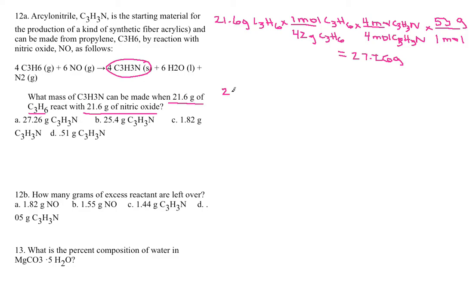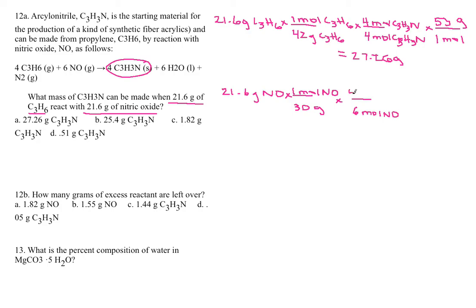So I'm going to do 21.6 grams of NO, crisscross swoosh, 1 mole of NO on top, so I want to get into C3H3N, which is my product, 30 grams of that on bottom because that's its molecular mass, crisscross swoosh. The coefficient for NO is 6, so it's 6 moles of that on bottom.